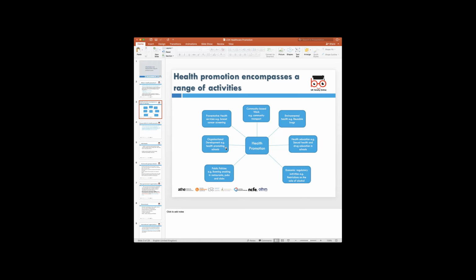So healthcare promotion can sometimes also be dubbed as that when they create this through the policy route. That means the government would introduce a law or legislation which would ban something from being used in public places. And a good example of that is the banning of smoking in public places when the government introduced a law some time back.